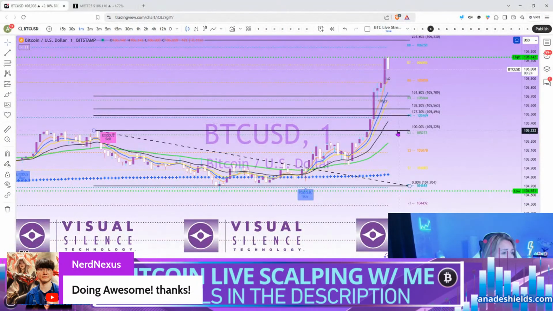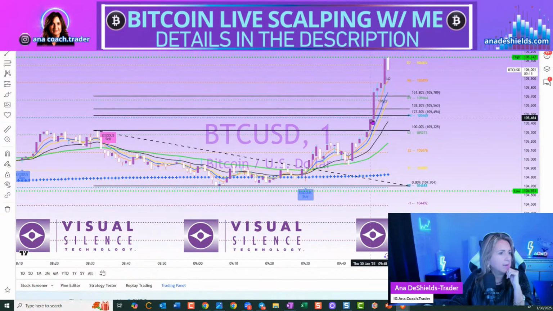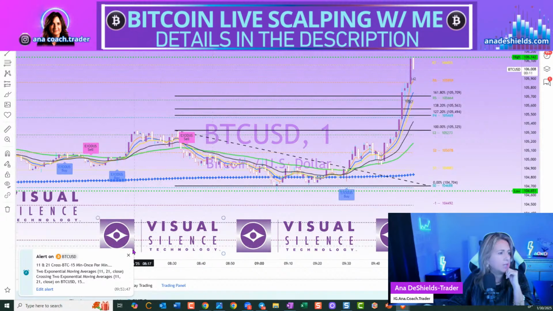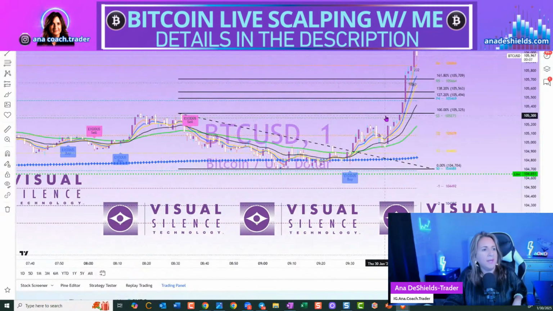Okay, so let's see the pullback. So we're having the pullback. Nice bar run, nice healthy bars. Right here, when she did break through this zone, those that are breakout traders already know that usually you'll have a gust of energy exploding to the top.